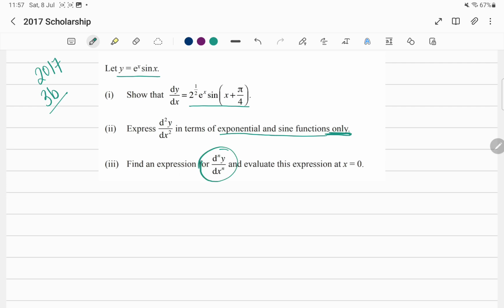So we have to find a general solution and evaluate this expression at x equals 0.